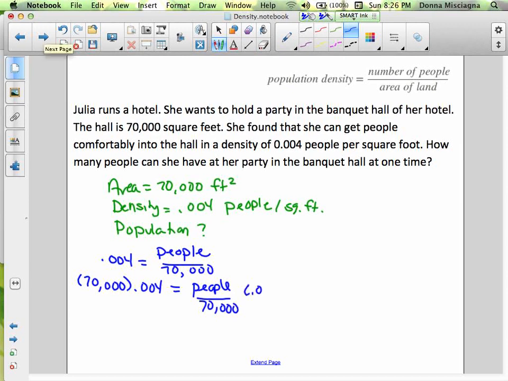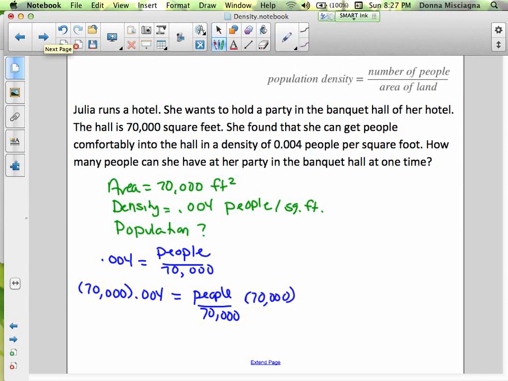That's 0.004. Whoops, sorry, I wrote down the wrong number. We're multiplying both sides by 70,000, the area, so we can isolate. And really, I should have the units in here. That's me not being good.